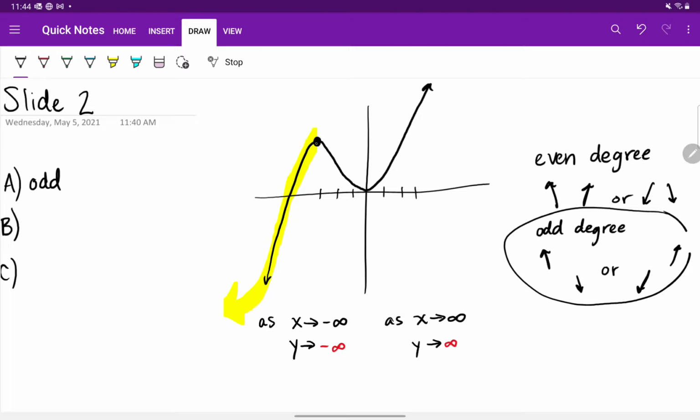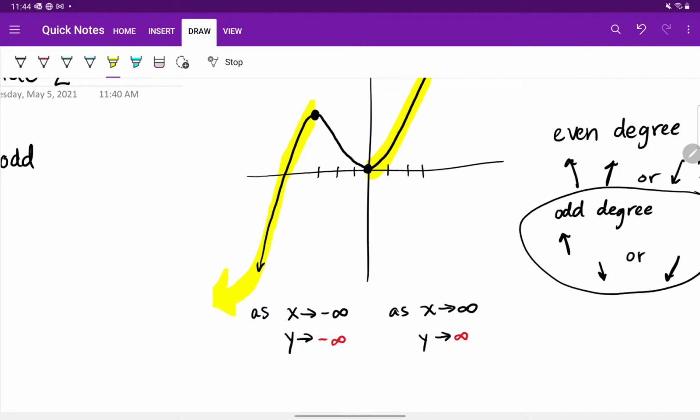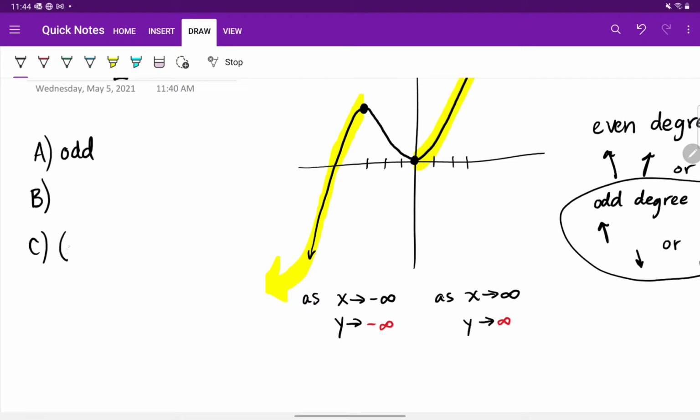But then as we continue to read from left to right, it looks like it's going down, and then we reach another kind of turning point, and from here forward it looks like it's going back up again, all the way to infinity. Notice the arrow here on this side. So there are two different intervals on our graph that look like they're increasing. They are from negative infinity to negative 3, and from 0 to infinity.